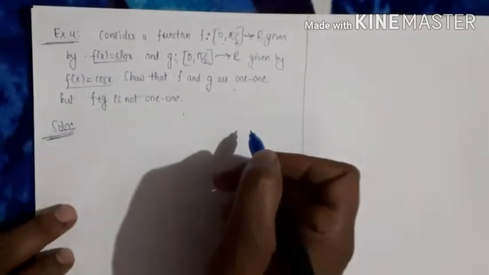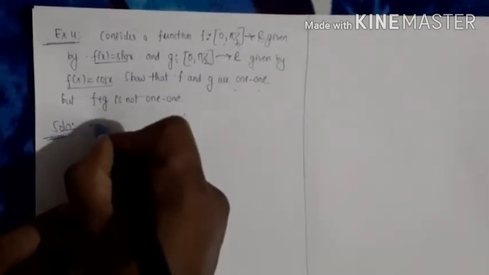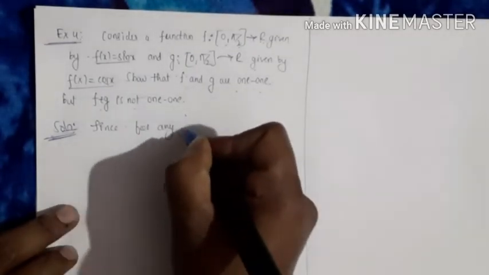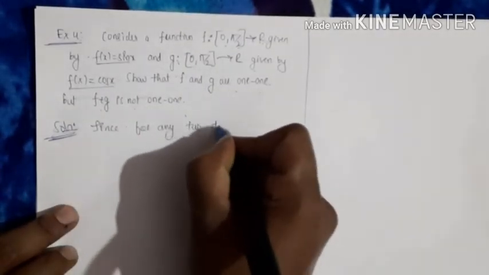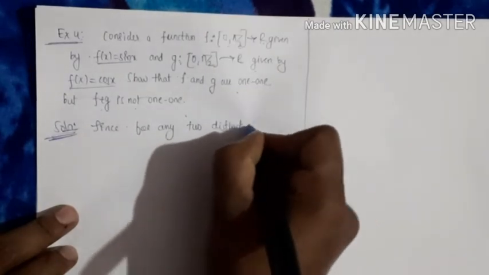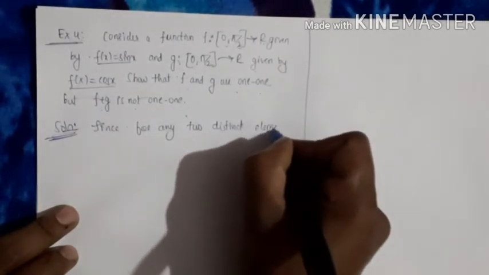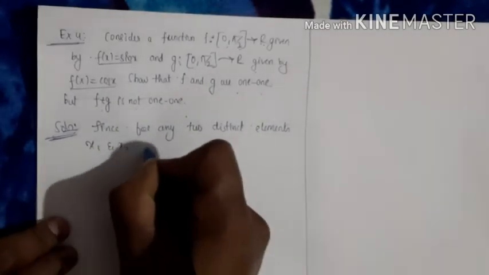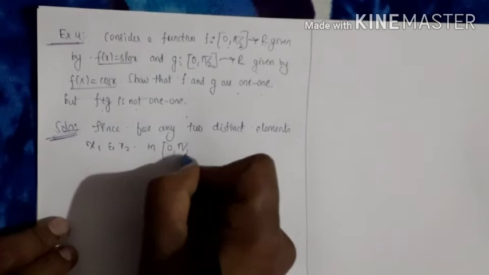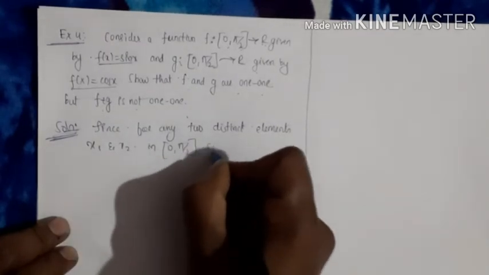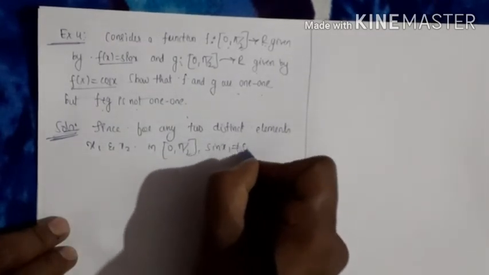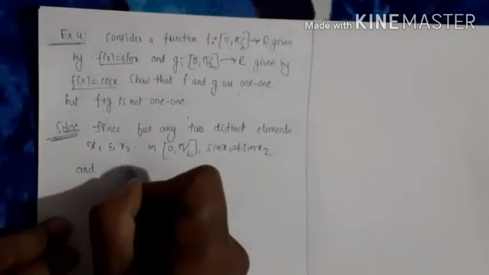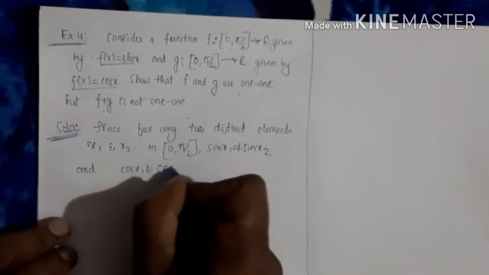Now we'll solve the example. Since for any two distinct elements x1 and x2 in [0, pi/2], sin x1 is not equal to sin x2 and cos x1 is not equal to cos x2.